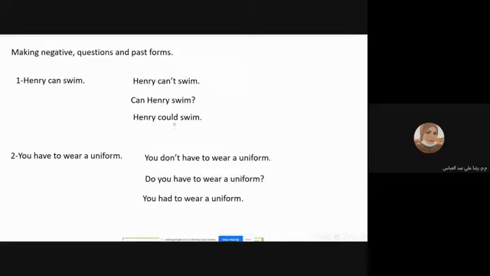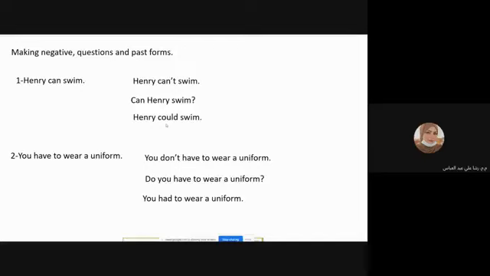Here we have a note. Could is the past form of can. But it can be used to talk about the present and the future. For example, when we say, could you send me the letter?